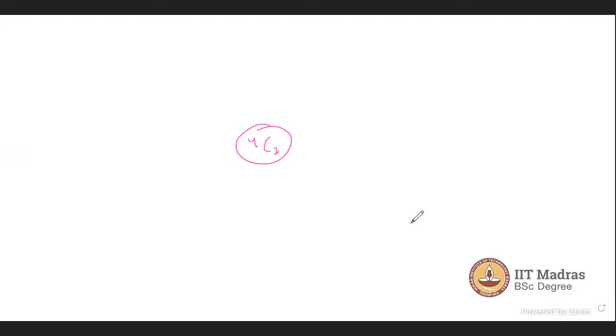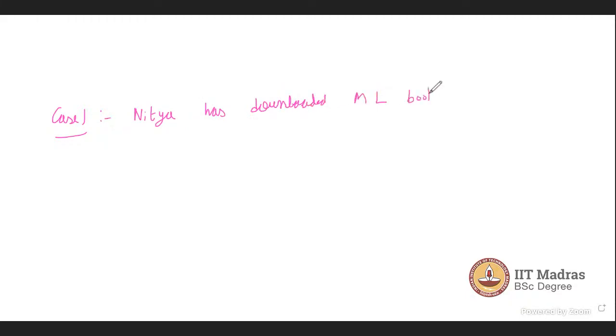Okay, so here, see, there can be 2 cases. Case 1 is Nitya has downloaded the machine learning book. If she has downloaded the ML book, then Python is also downloaded, right?